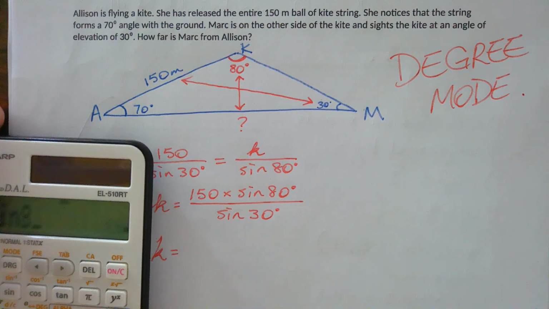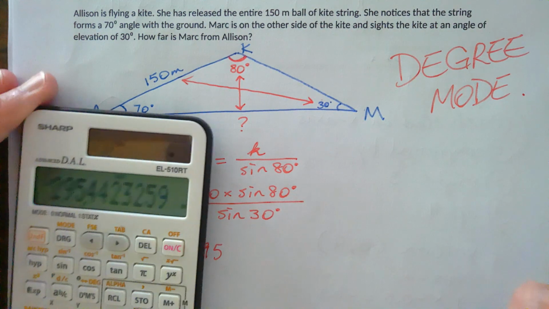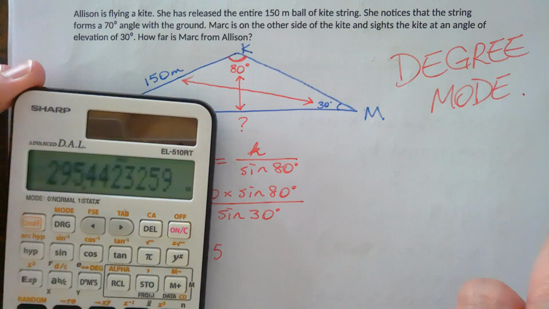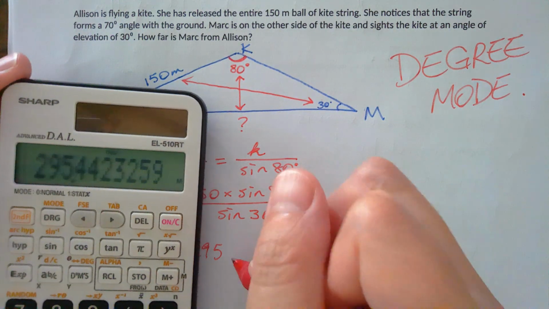A question like this would be common. Let me do the final answer first. So you get 295.4. Round to one decimal place, 295.4.